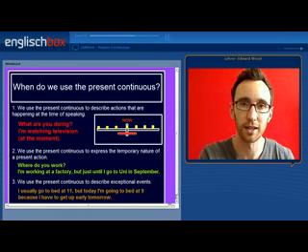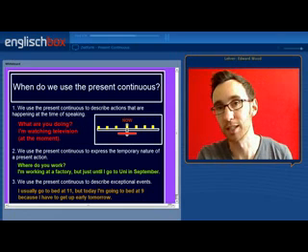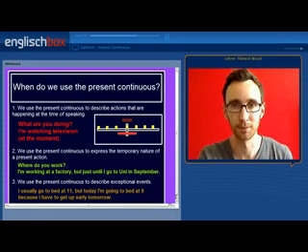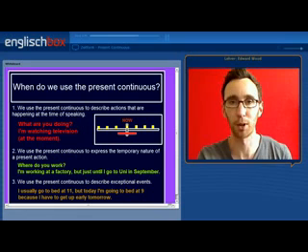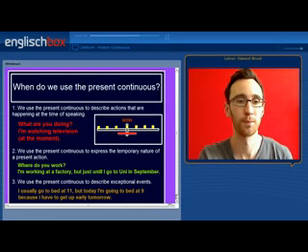The action started before the moment of speaking, will finish after the moment of speaking, and is in progress at the time of speaking. The yellow boxes describe a present simple action, an action that happens regularly, but we're talking about the action in progress right now.